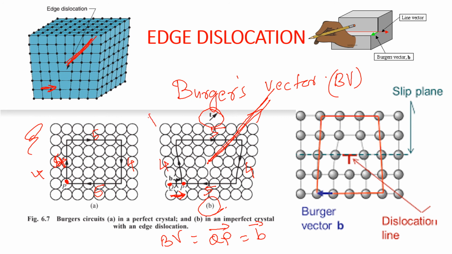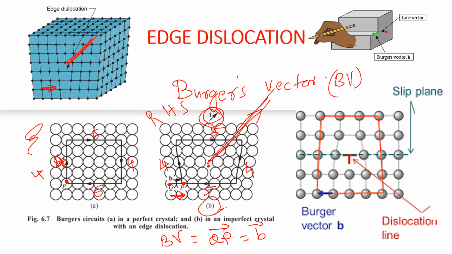Now apply the RHS, right hand screw rule convention here. Just keep the tip of the screw at this point of interest and turn it clockwise. If the screw also tends to move in the direction of the vector t, which is into the plane of the paper, so on rotating the screw to the right hand side, it moves along the direction of this vector.